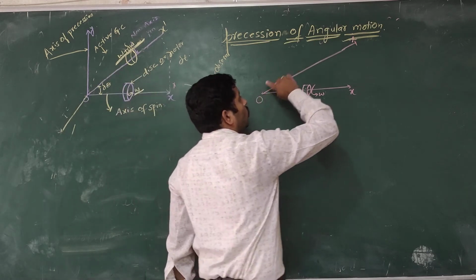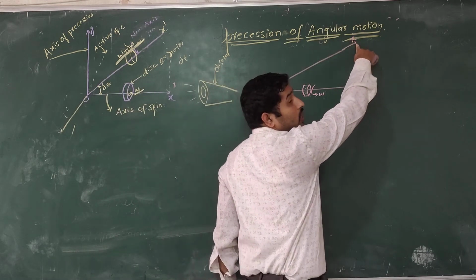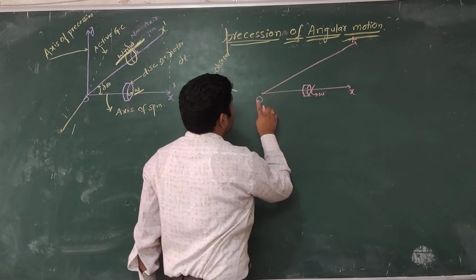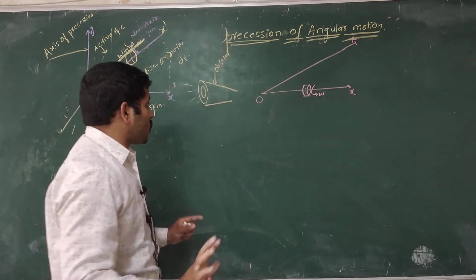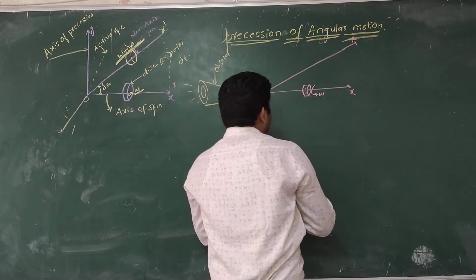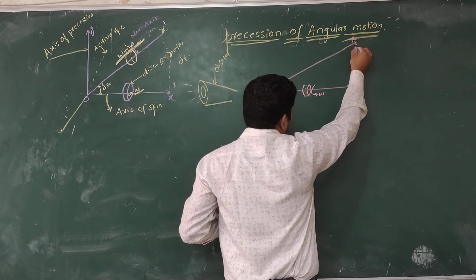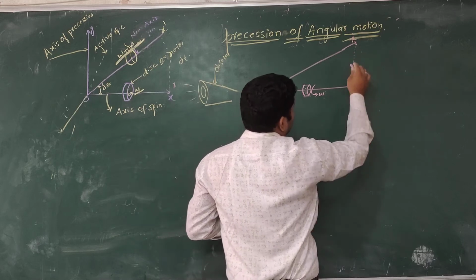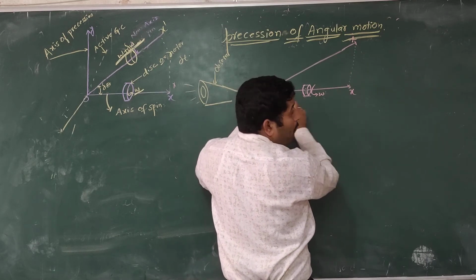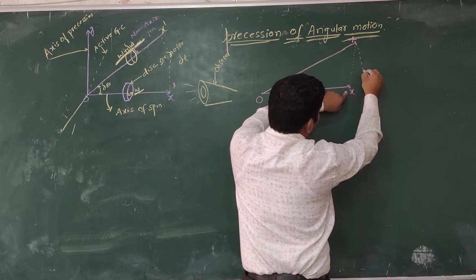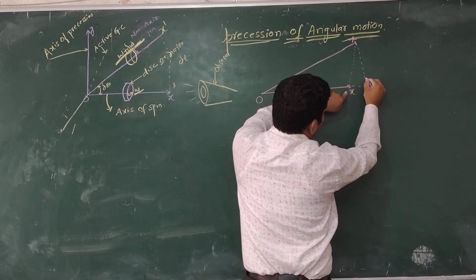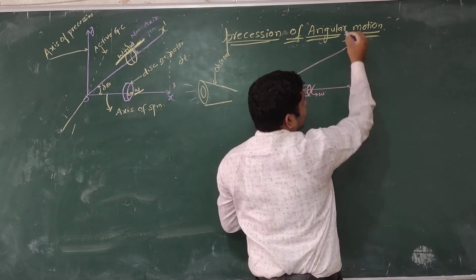This O to x dash we can say is the new axis of spin, and this O to x is only the axis of spin. Is it right? Then after that we need to join here. One axis is parallel to OX, another is perpendicular to OX dash.